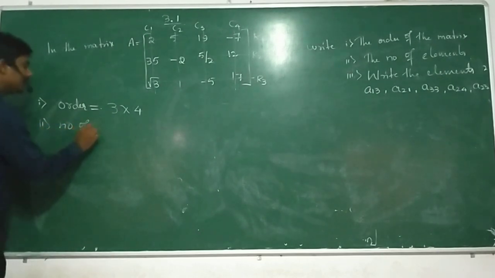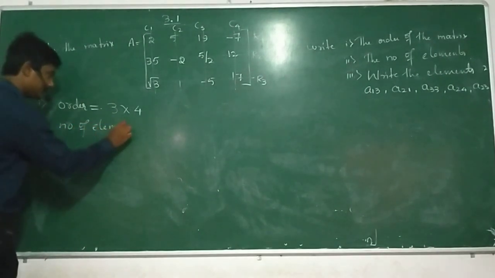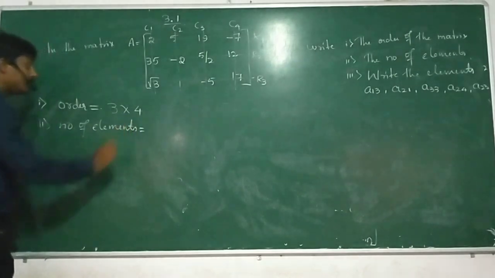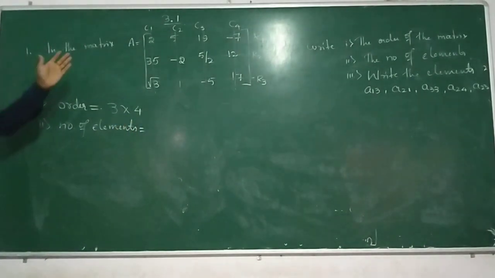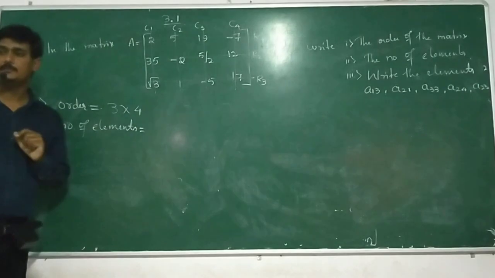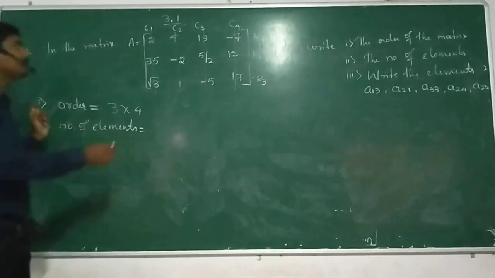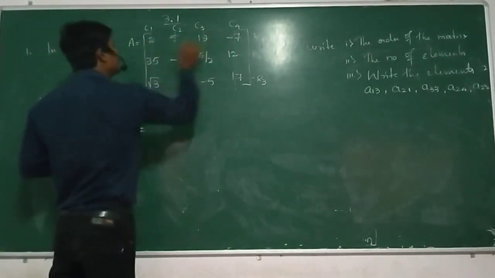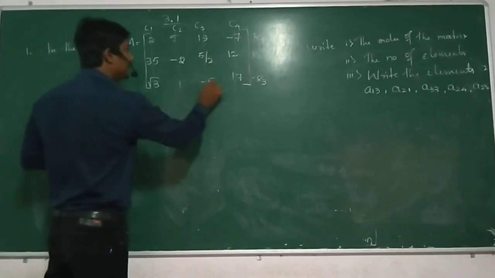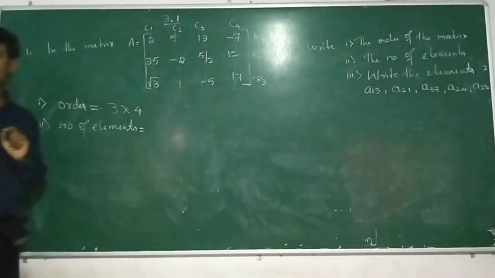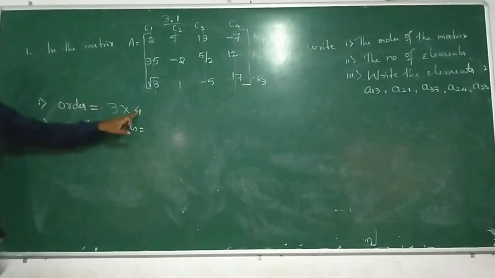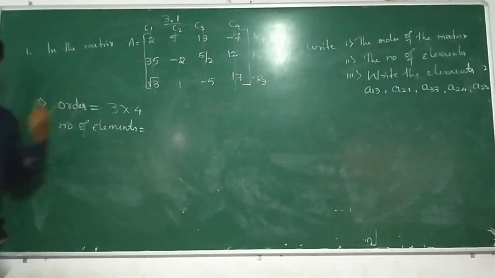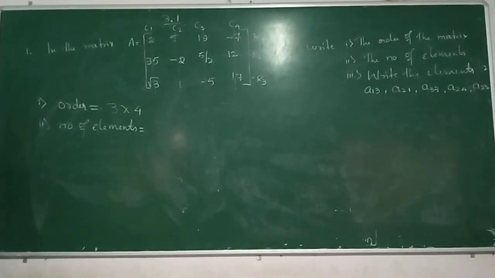Second bit, the number of elements present in the matrix. When I say number of elements, don't go to the matrix and start counting 1, 2, 3, 4, 5, 6, 7, 8, 9, 10, 11, 12. Not like that. When we know the order of the matrix, just multiply these two numbers. That will give you how many elements are present in the matrix.